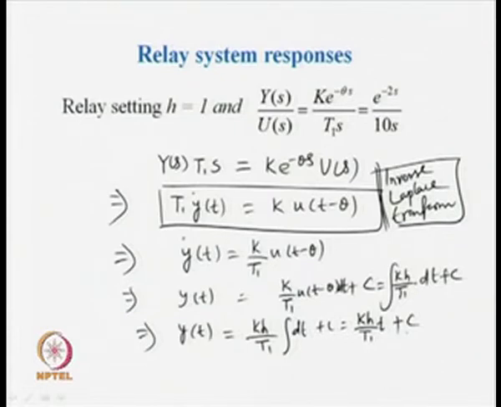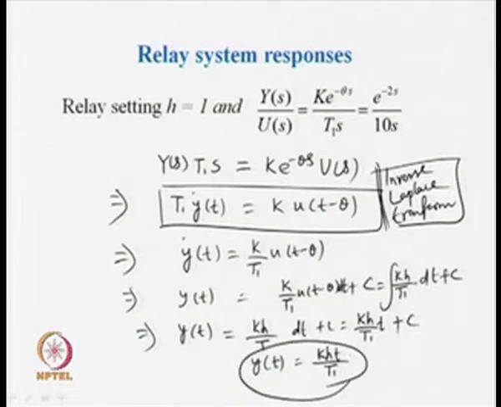Then the output is equal to 0 at time t equal to 0, so c equals 0. So ultimately I get a simpler equation of the form y(t) is equal to K h t upon T1. So, this dynamic equation in time domain can be obtained for this first order system.